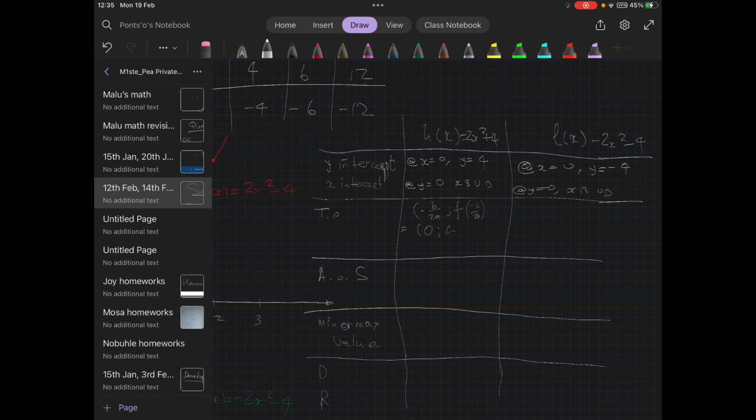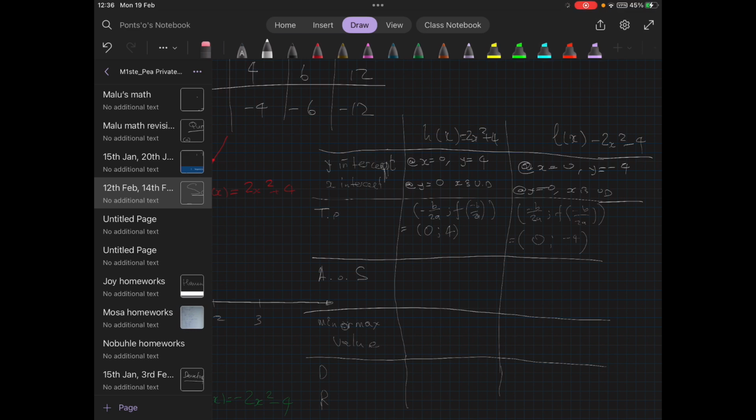But if I substitute 0 there, I get 4. And for L of x, minus b over 2a, f of minus b over 2a, then that gives me 0 and negative 4. So our turning point coordinate points are 0 and negative 4.